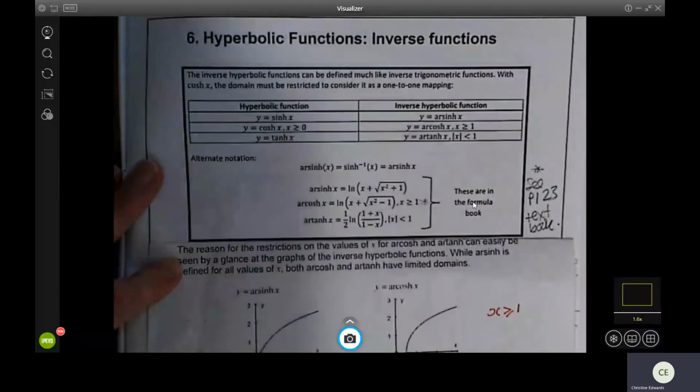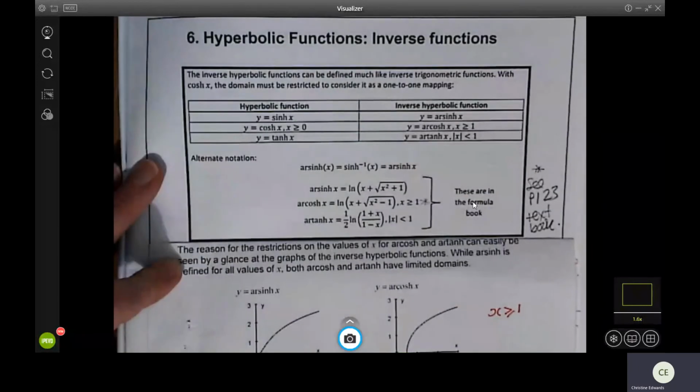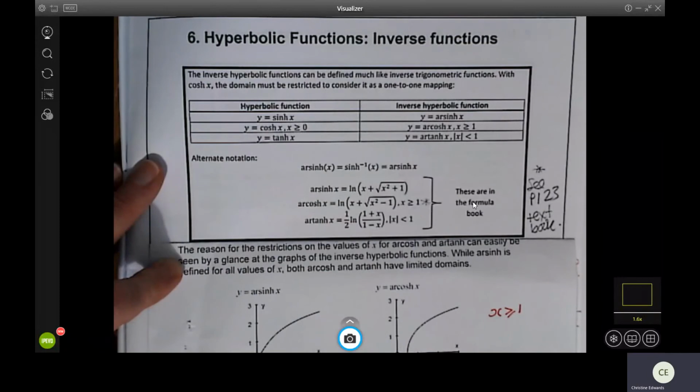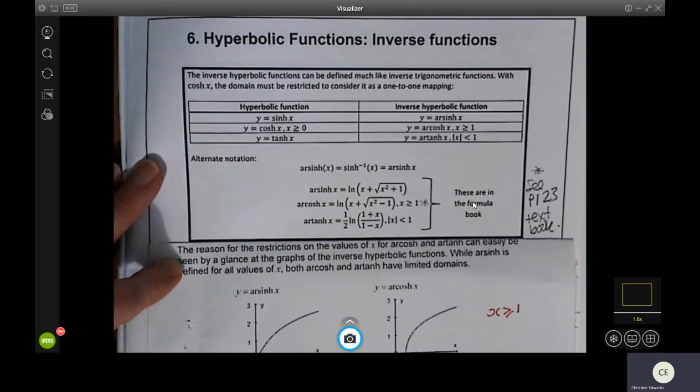So this video introduces the inverse hyperbolic functions. As you'll see from the table, we have y equals arsinh x, arcosh x, and artanh x.